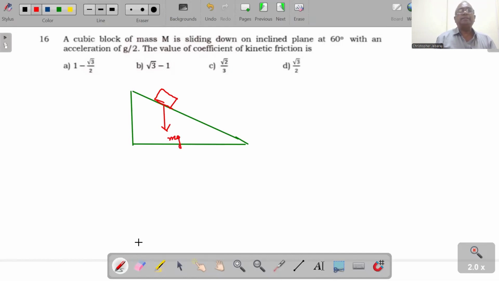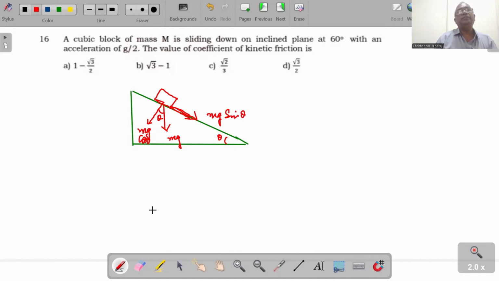We know mg is resolved into two components. If this angle is theta, this is also theta. This is mg cos theta, and this one is mg sin theta, which is the downward force.